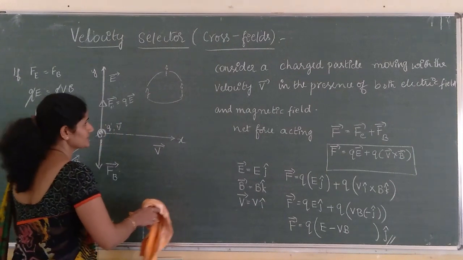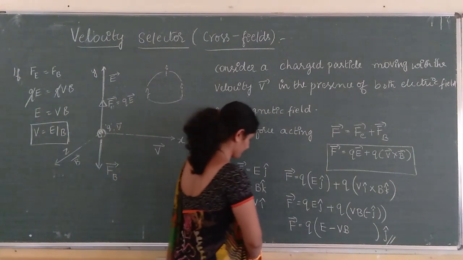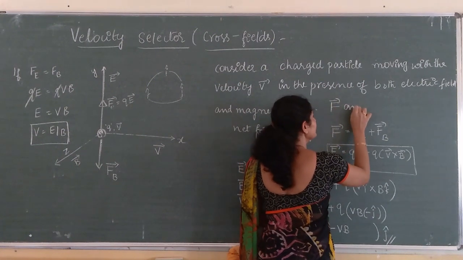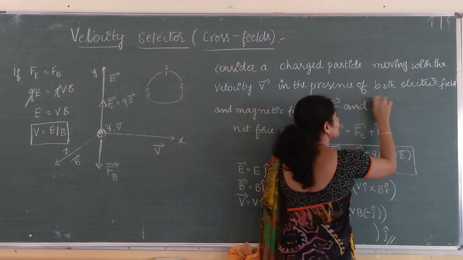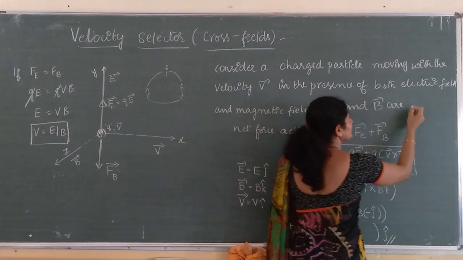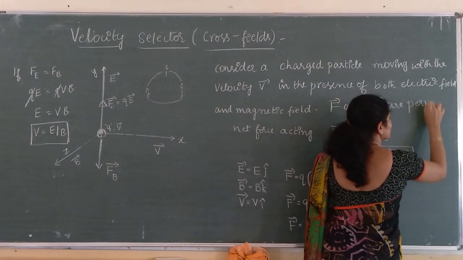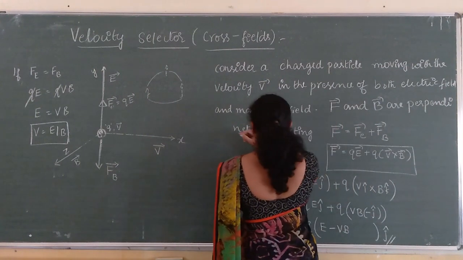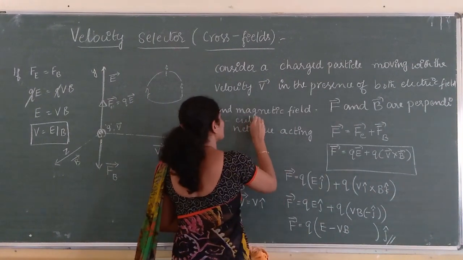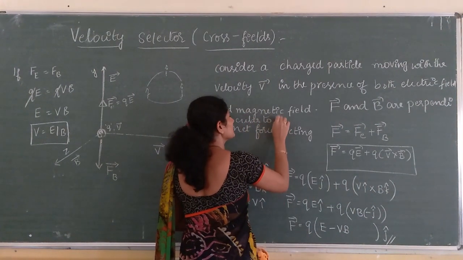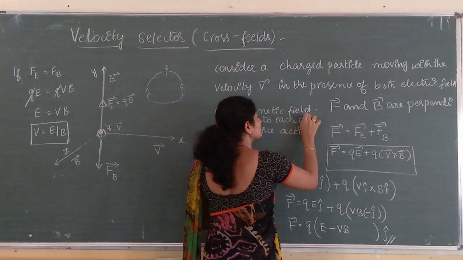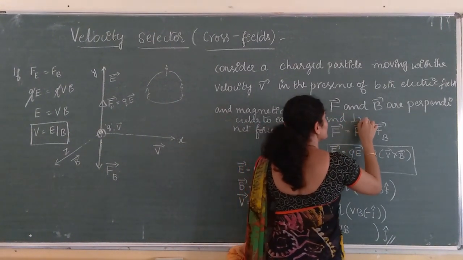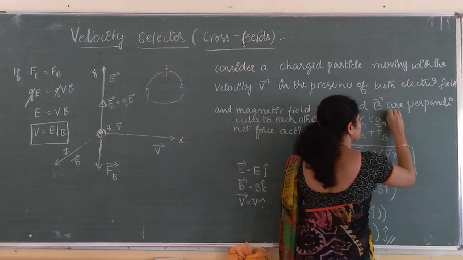Here you have to write: F vector and B vector are perpendicular to each other, and perpendicular to V vector.